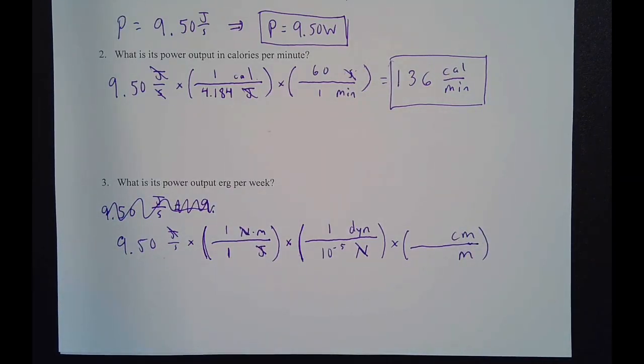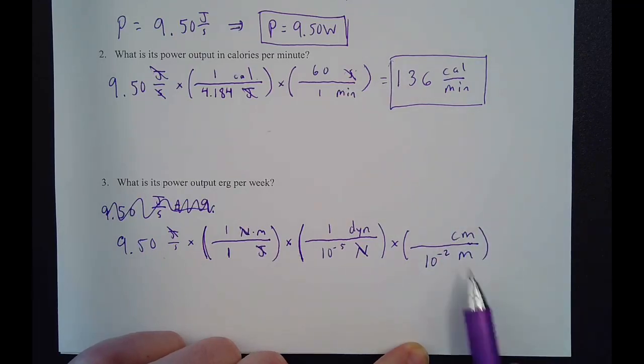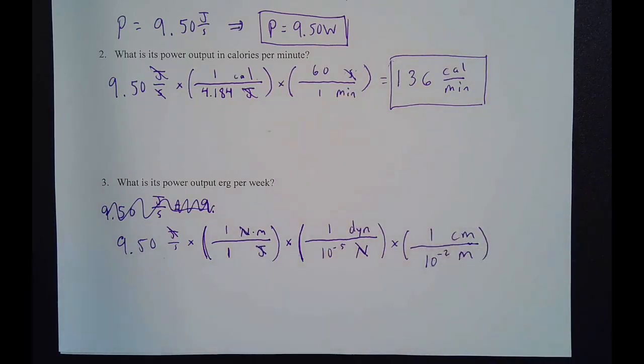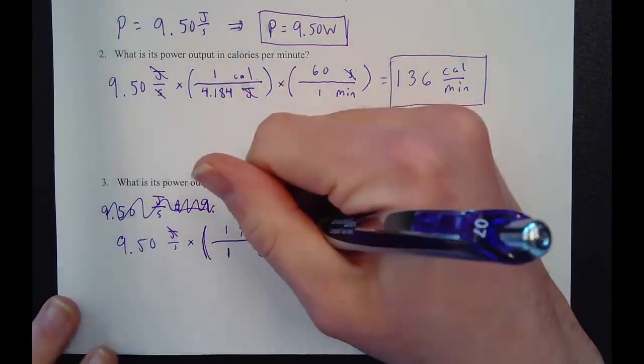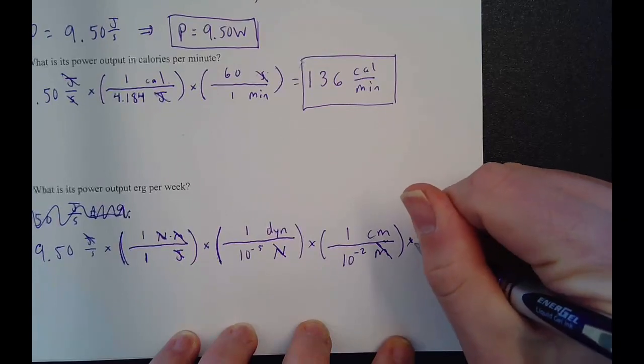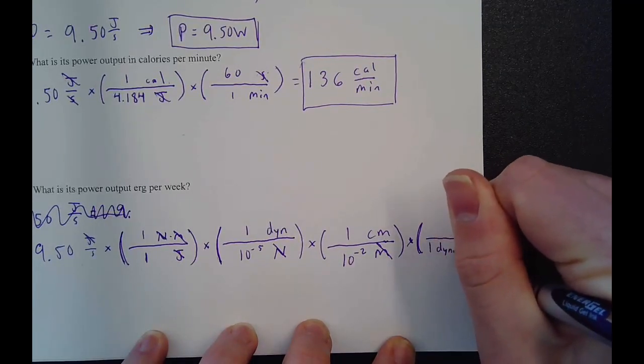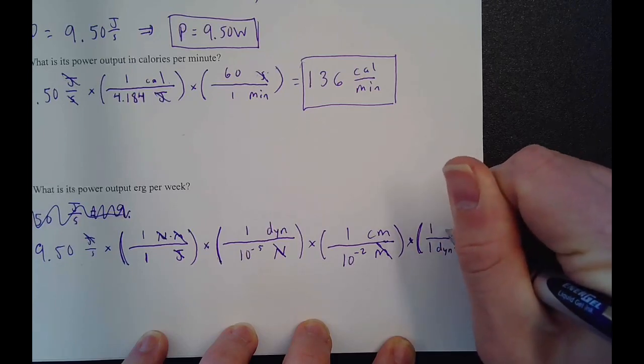Centi is a metric prefix. That means 10 to the minus 2. So I need to put a 10 to the minus 2 in the denominator so that the centi and the 10 to the minus 2 balance to 1. So I have now canceled my meters, and I have dyne, that weird new force unit, and centimeters. And I know, by definition, that 1 dyne centimeter is 1 erg.